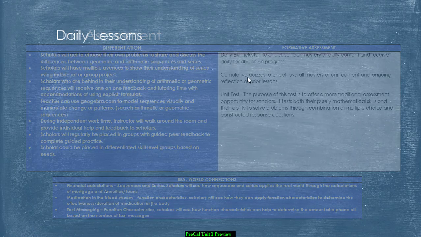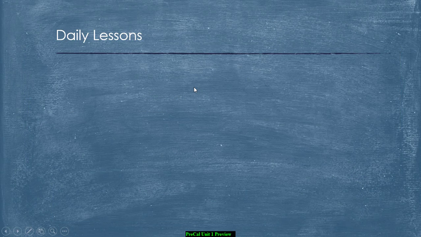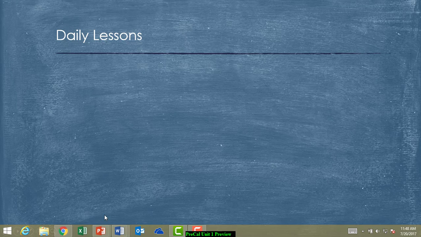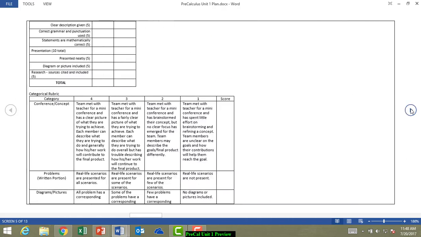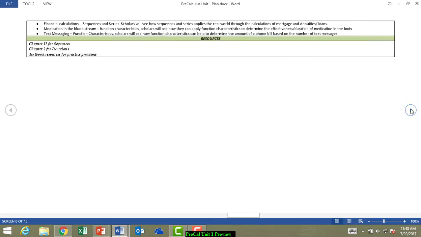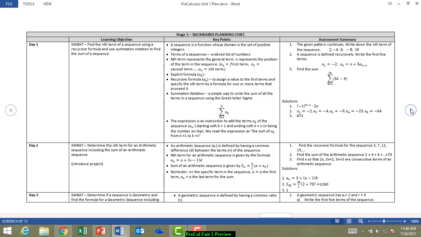So our daily lesson plans, there are 8 lessons within this unit. We're going to start off with sequences and series.